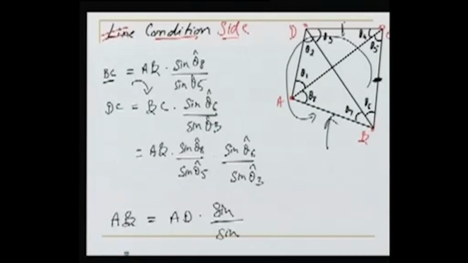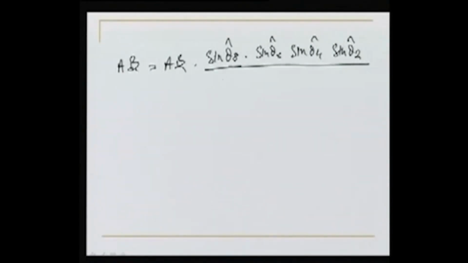So what we get by doing this is AB equals AB times sine theta 8 hat, sine theta 6 hat, sine theta 4 hat, sine theta 2 hat, divided by sine theta 7 hat, sine theta 5 hat, sine theta 3 hat, sine theta 1 hat. This is what we get, and AB and AB will cancel out.